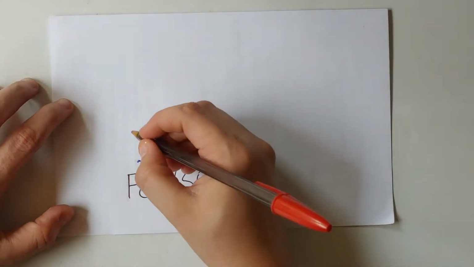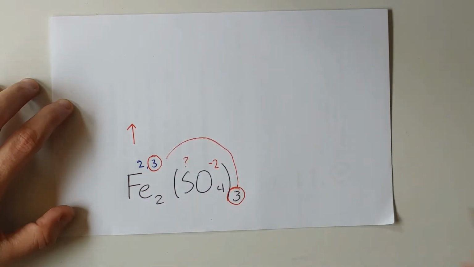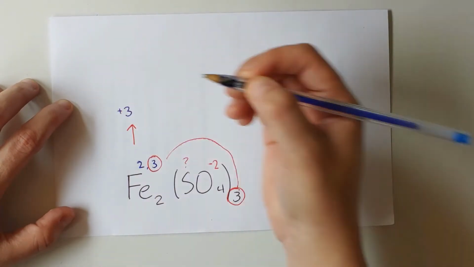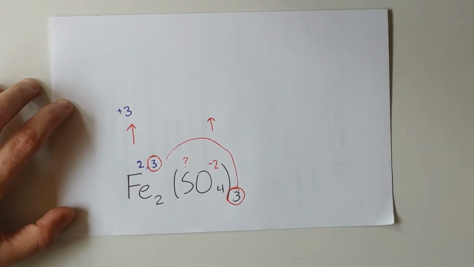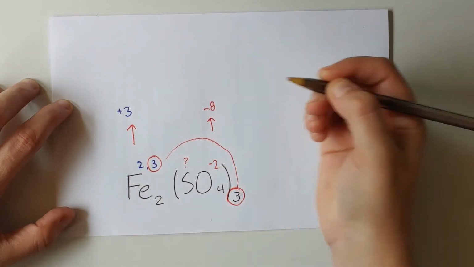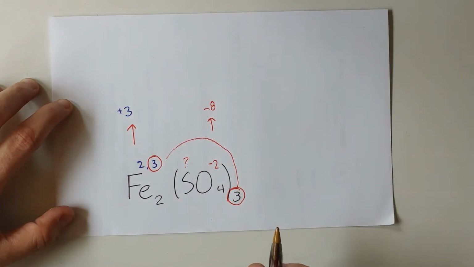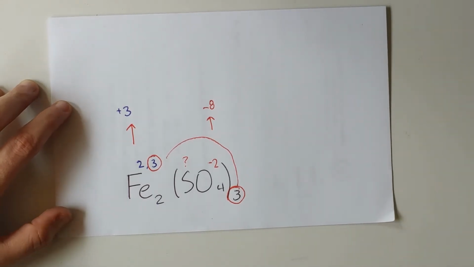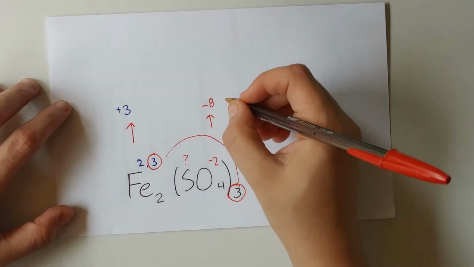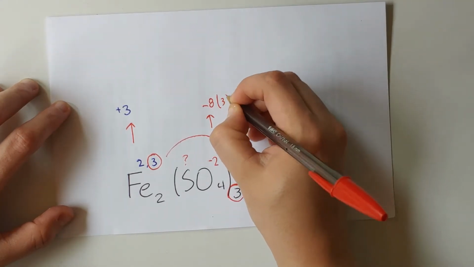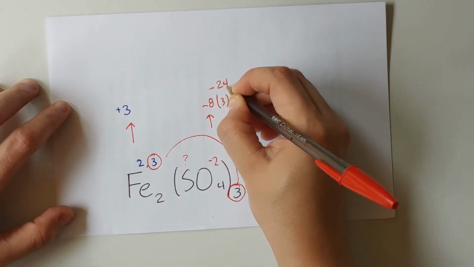So we do the procedure. +3. You know that for oxygen it's -2, and 4 of them makes -8, and this is multiplied times 3, which makes -24.